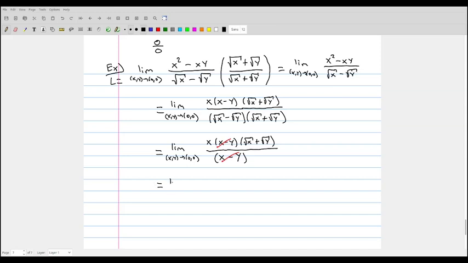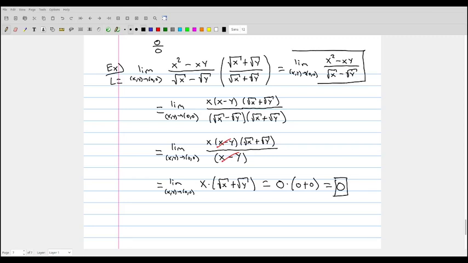This is the same thing as the limit of x times the square root of x plus the square root of y, which, from our limit laws, we can apply the product limit law, then the sum limit law, and then the root limit law, to get that this is the same thing as 0 times 0 plus 0, or 0. So we've effectively determined that the limit of this function is in fact equal to 0.